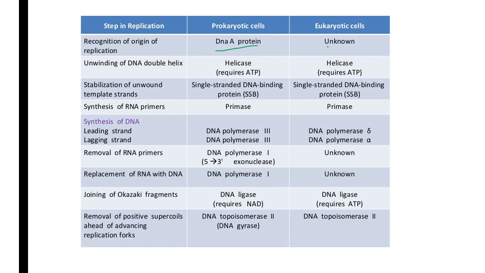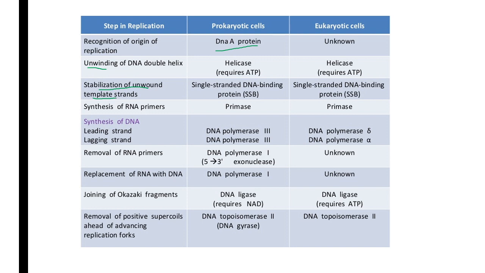The next enzyme helps in unwinding. Unwinding is done by the helicase enzyme. In the case of prokaryotes, it is DnaB. Then about stabilization of the unwound template strand. There are some proteins which help in stabilizing.